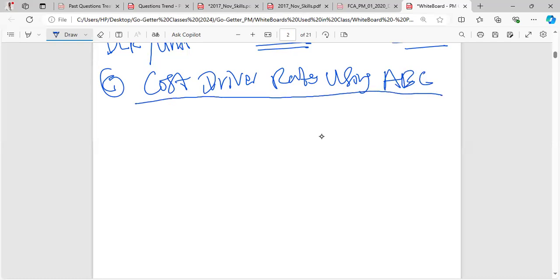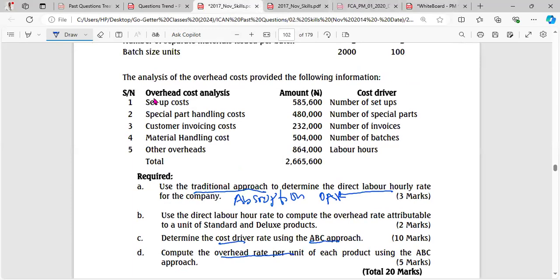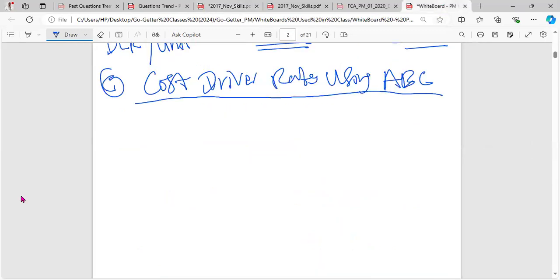All right, so for us to do that now, we'll look at the cost drivers. We'll look at them one at a time. Setup costs. We'll say this is number one here.